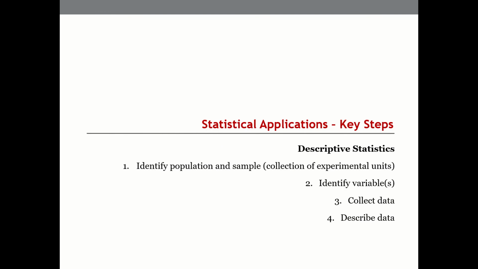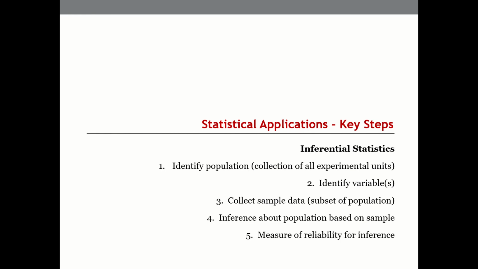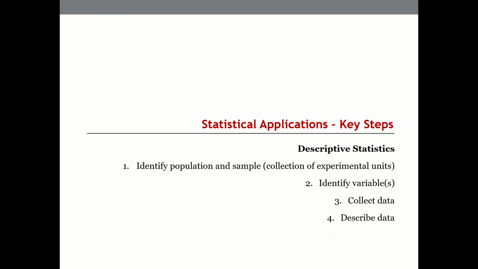Basically, like I told you last time, there are two applications available under statistics: descriptive and inference statistics. Descriptive statistics is about identifying the population and samples and collecting information regarding the samples.